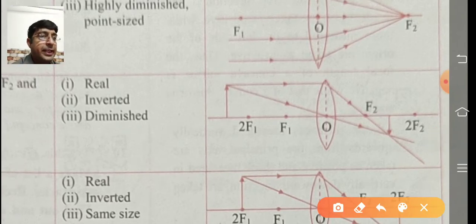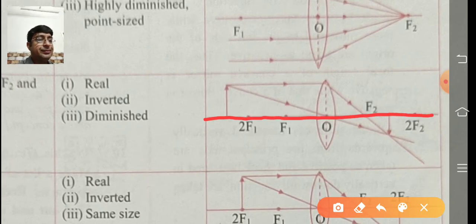First of all, take one line in your notebook as the principal axis. Draw it with the help of a pencil. Now take one point on the line, that is the optical center O. From this optical center O, at 3 centimeter, take 2 points on both sides.